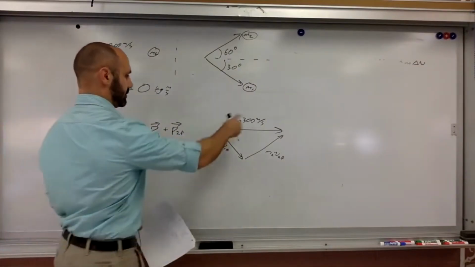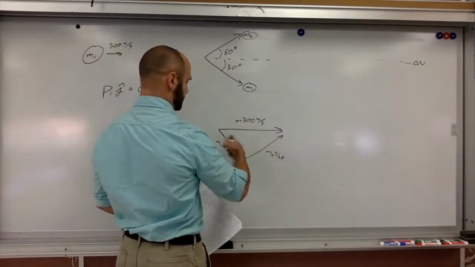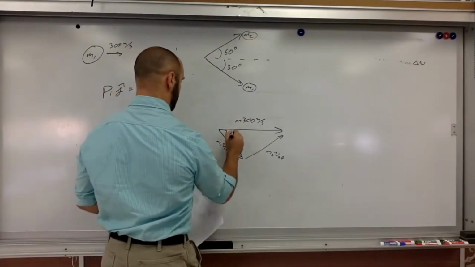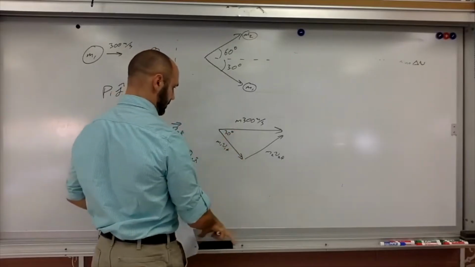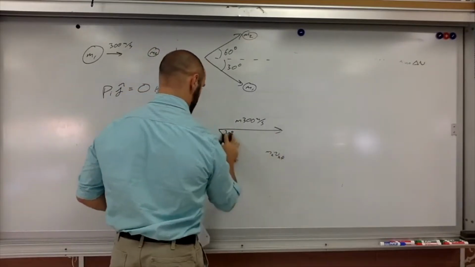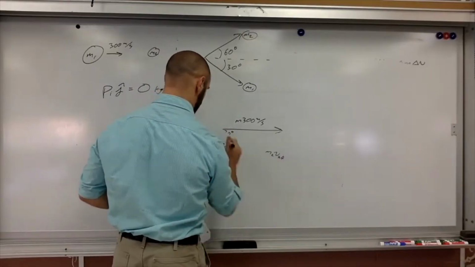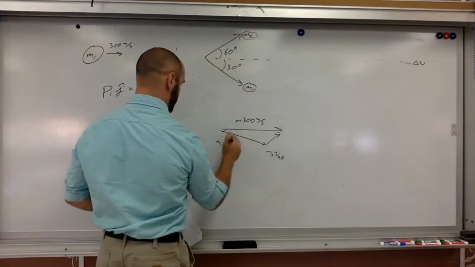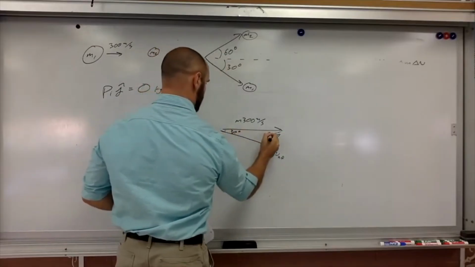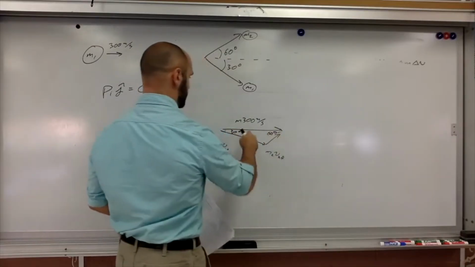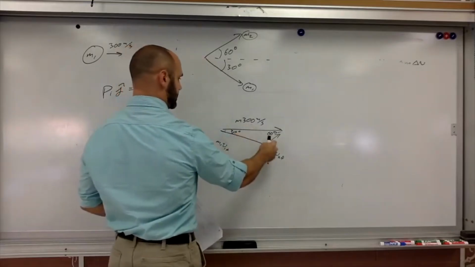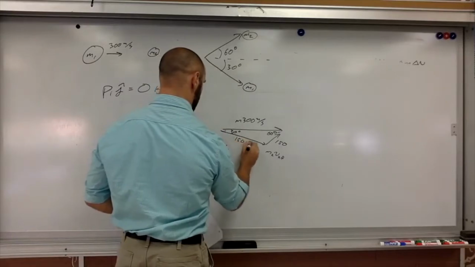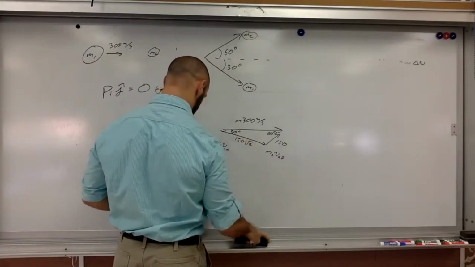And so I know these have to be related to each other by the Pythagorean theorem, but I also know that this is 30 degrees. So obviously not drawn to scale here. This should be like the other way. Wow. So you can see why I'm not an artist. This is not going well. This is 60 degrees here. So then if this is 300, that means this has to be 150, right? And this is 150 root 3. Sorry.